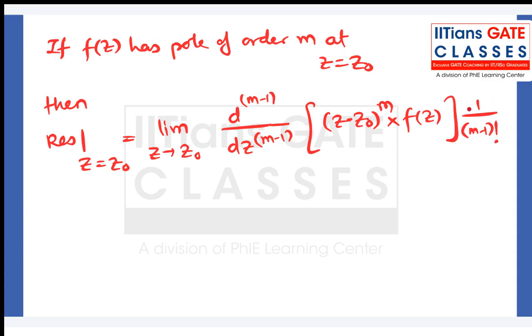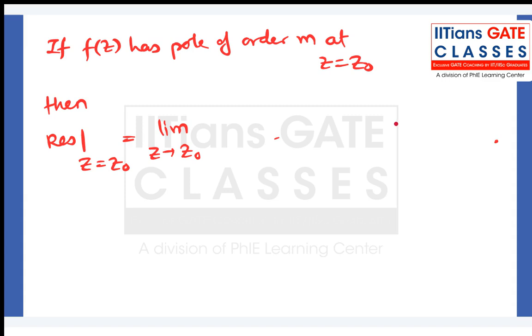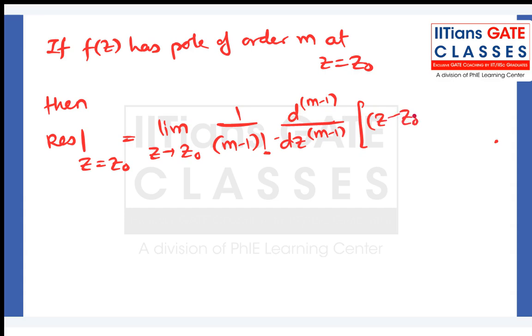So the residue is 1 by (m minus 1) factorial, times the limit of d^(m-1)/dz^(m-1) of (z minus z naught)^m times f of z. This is the complete formula.